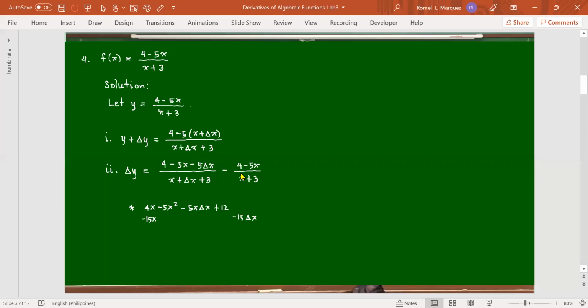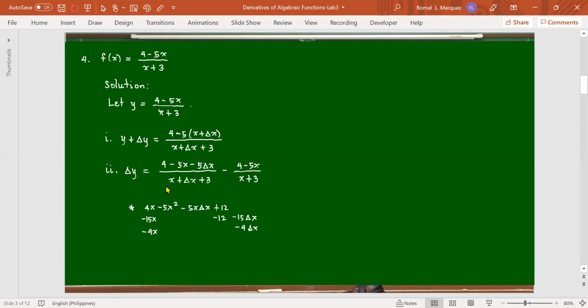Okay? So let's have this. 4 times x is 4x, so negative 4x. We reverse because it is preceded by a negative. 4 times delta x, so negative 4 delta x. Align it here. Then negative 12. What about negative 5x? Negative, negative, so positive.